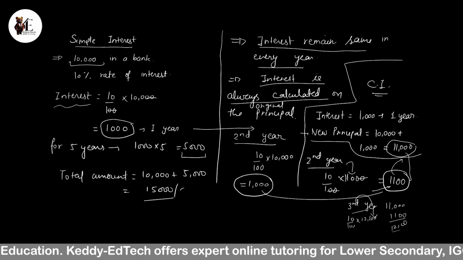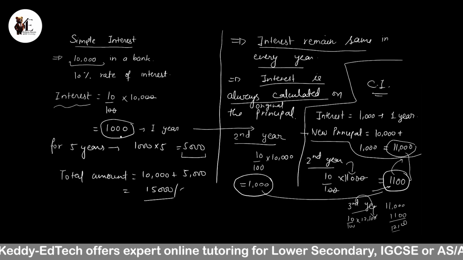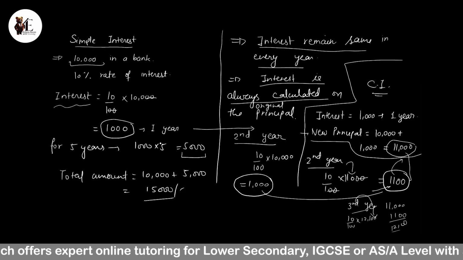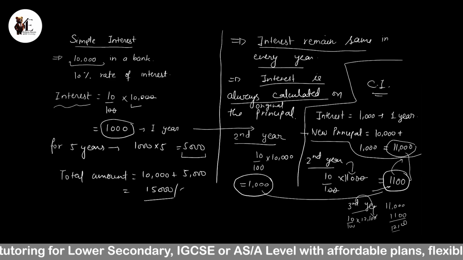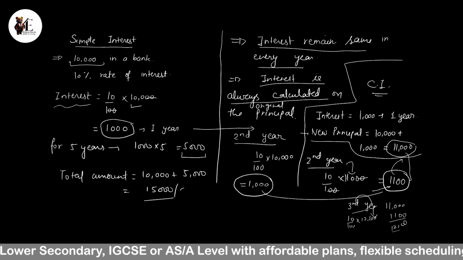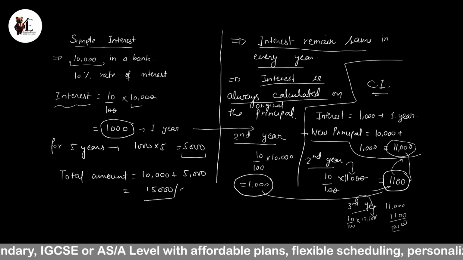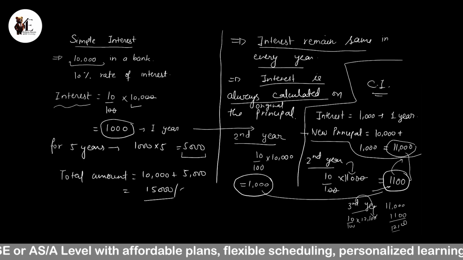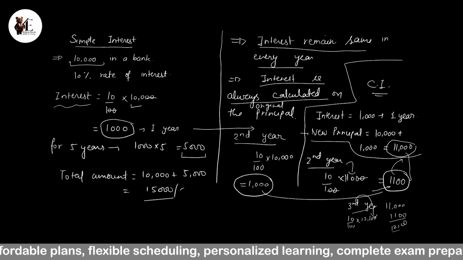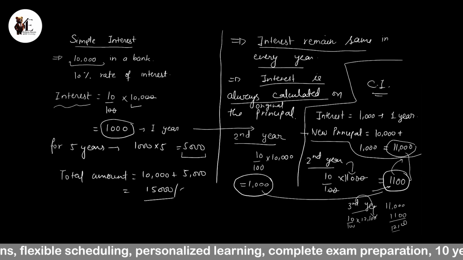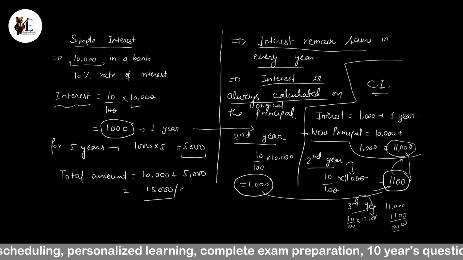But in case of simple interest, even if you calculate for the second year, for the third year, the principal will be the same, that is 10,000. You have to calculate only on the 10,000. That is why interest will remain the same for every year, that is 1,000 in this case. Be it for the fifth year or the sixth year or the 10th year or the 100th year, simple interest will remain the same.